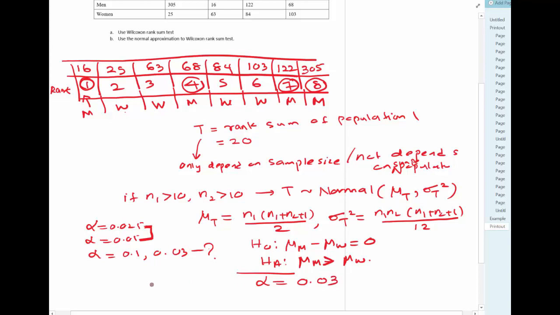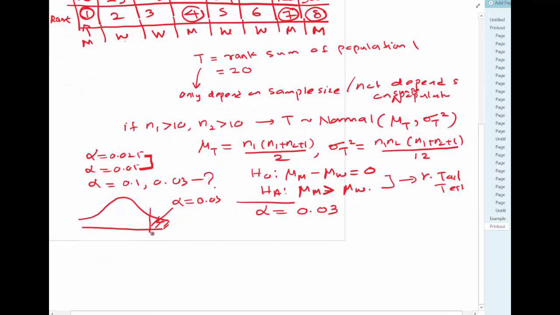Okay, so what do I do? I'm going to use the normal distribution now. The test statistic is normally distributed, and I need alpha on this side, because this is a right tail test. So alpha equals 0.03, and I need the critical value.